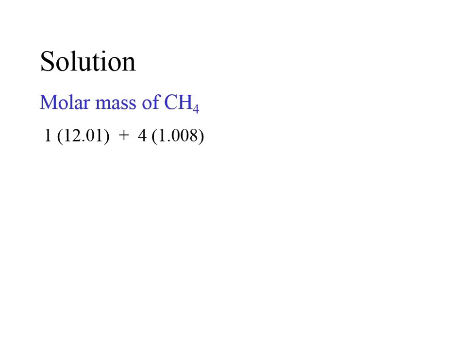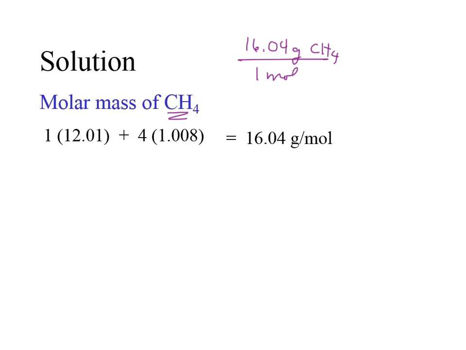So if we take 1 times 12.01 plus 4 times 1.008 for the hydrogen, and then we round to 2 decimals, we get 16.04 grams per mole, which means for methane, 16.04 grams CH4 per 1 mole CH4. Cool. And we're going to use that as our second term to convert from moles to grams.